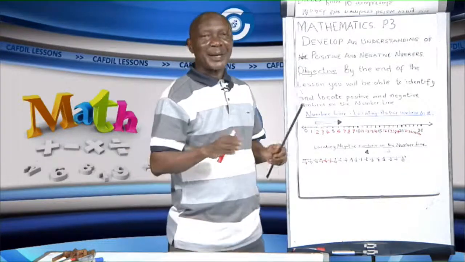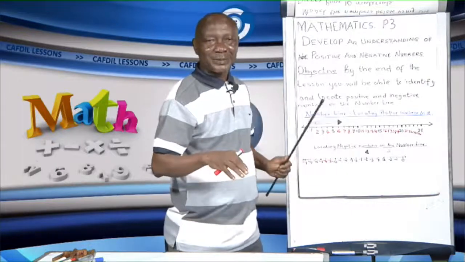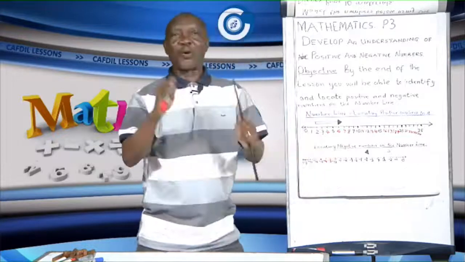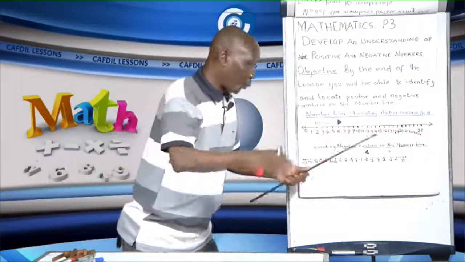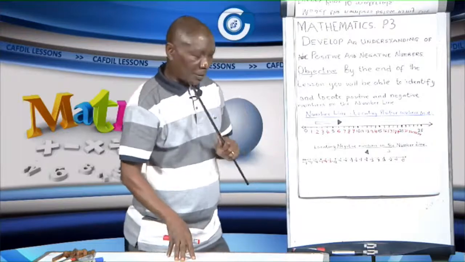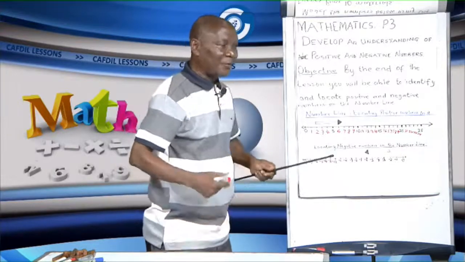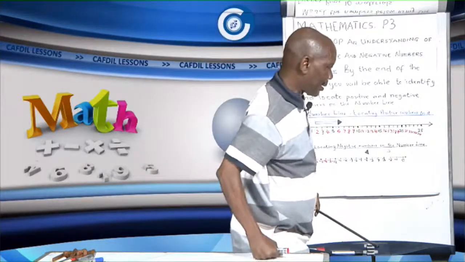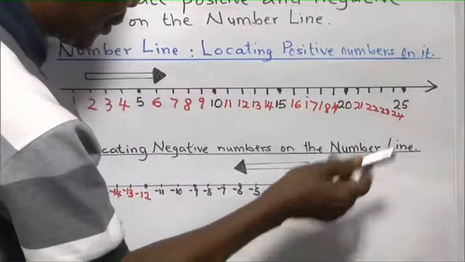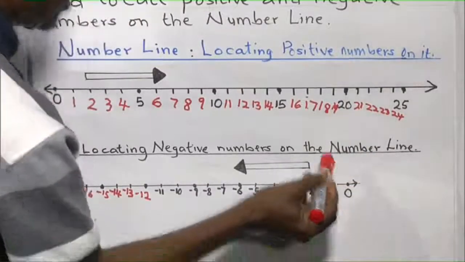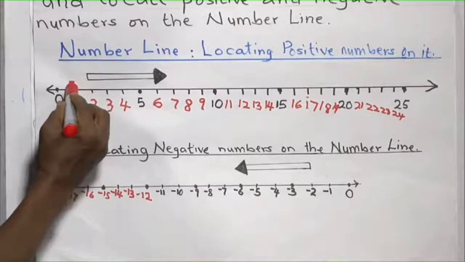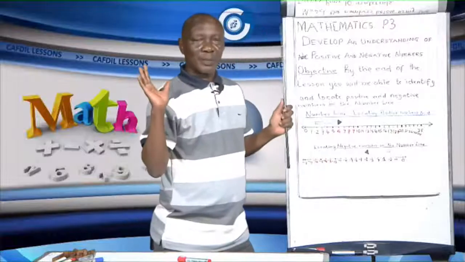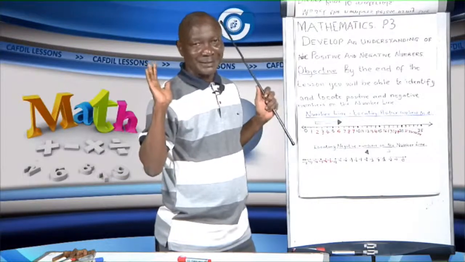If you draw the number line without the starting point 0, you may be wrong. Because as I stand here, if you ask me to move, I take the step, then 1. So you take the step, either backwards or forward, you say 1. If you haven't moved, it means you are standing still.